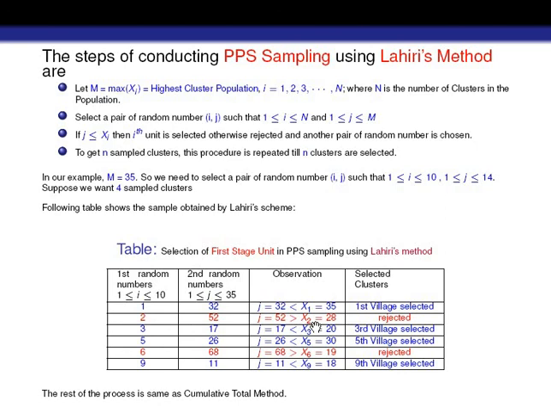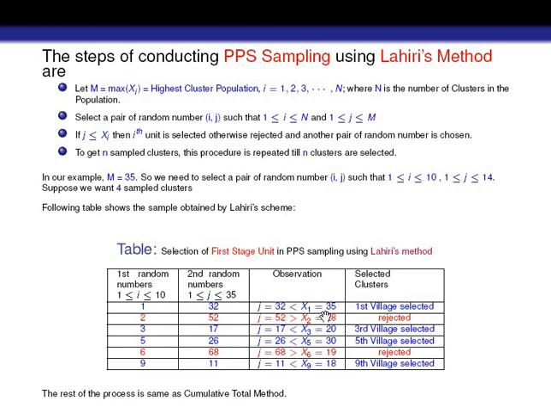But since the size of the population for the second cluster is equal to 28, which is less than 52, we are not going to take this cluster in our first stage unit, because the condition says we have to select the cluster in such a way that the value of I lies between 1 to 10, and corresponding to that cluster, if we get a random number that is not greater than the original size of the cluster, then we can accept that cluster for our first stage unit.